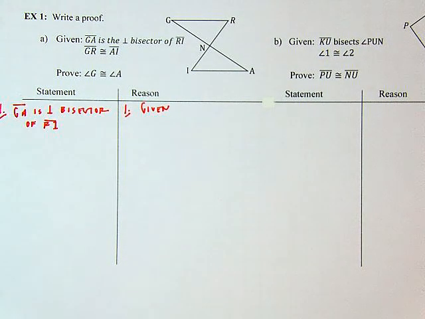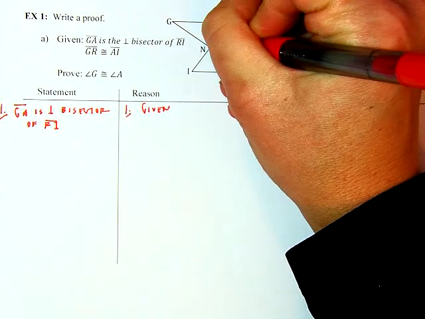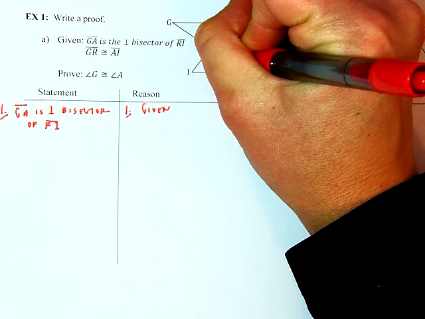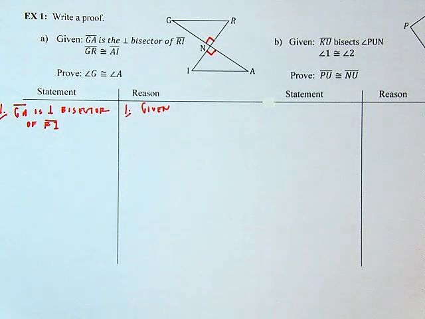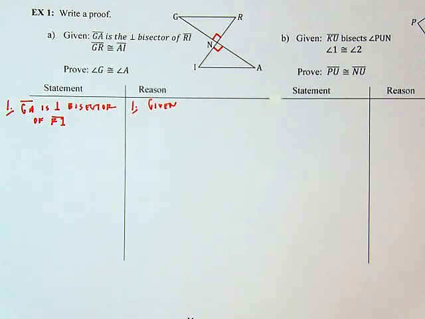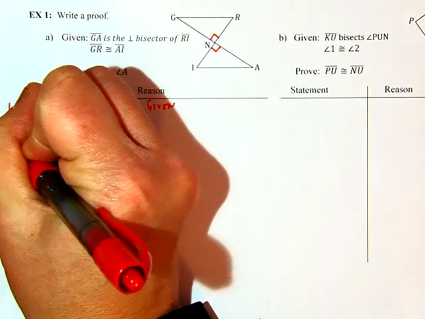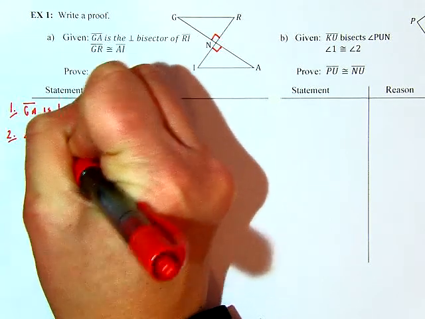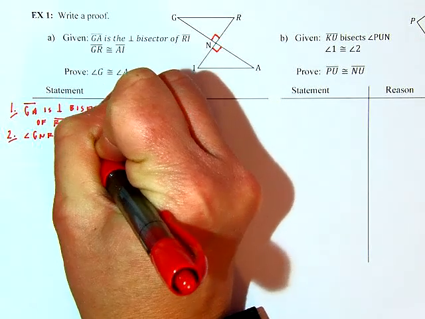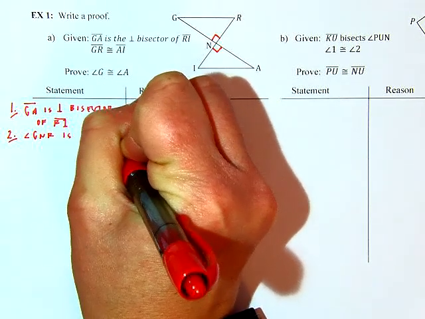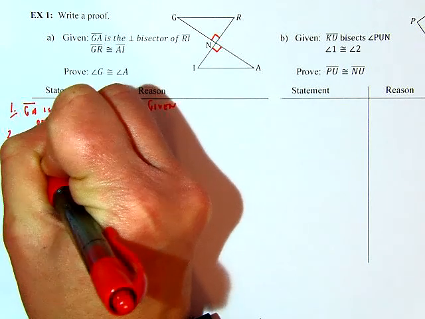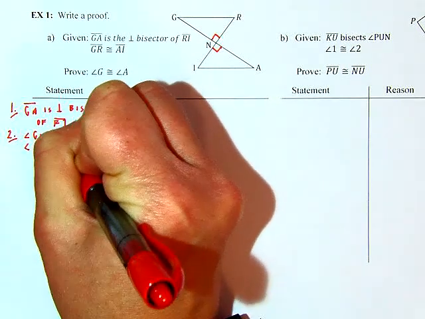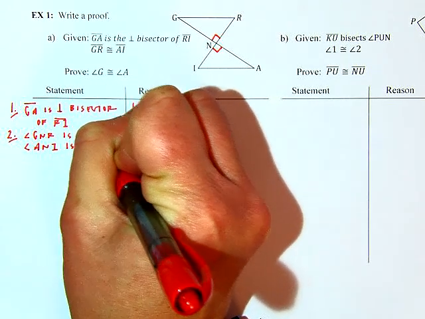So where does that lead me to? That leads me to a right angle here and a right angle here. That's what it means to be perpendicular. So I can say in step 2 that angle GNR is right, and angle ANI is also right.